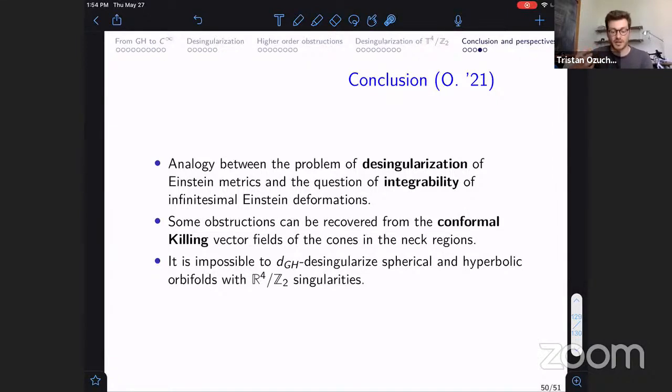The deformations of the Eguchi-Hanson metric are all asymptotic to some action by Lie derivative of a conformal Killing vector field. I use that a lot here, and it lets you do new integration by parts and find new obstructions. That let me understand that it's impossible to desingularize spherical and hyperbolic orbifolds with the simplest singularities.